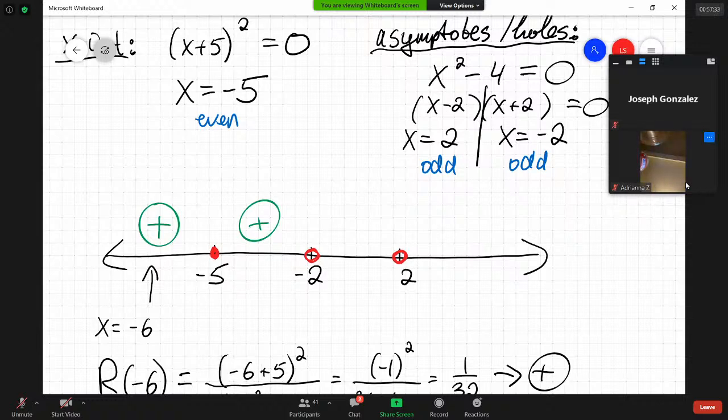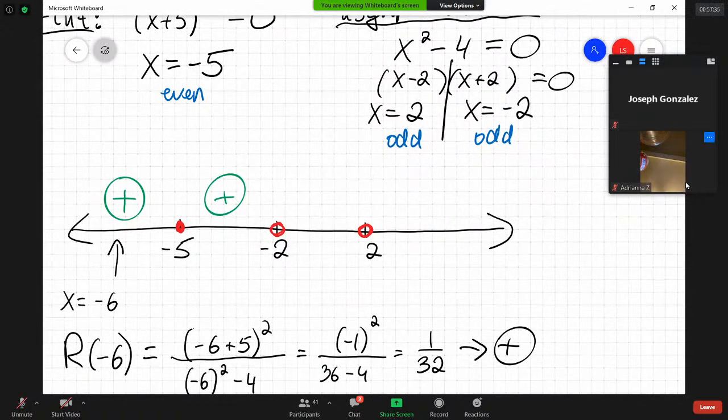Do I switch or stay? That one I switch. Yes, so I go now to negative. Then I get to +2. Again, it's odd multiplicity. Again, I would switch. So then I would go back to positive. Now I have my sign analysis chart complete.